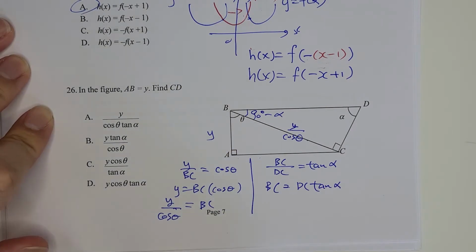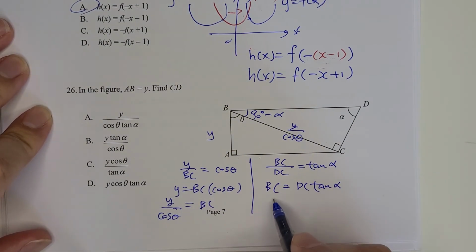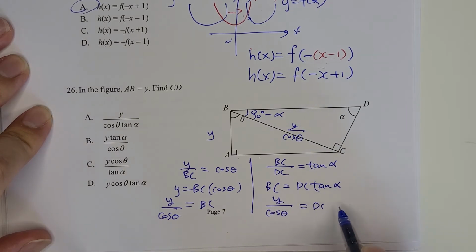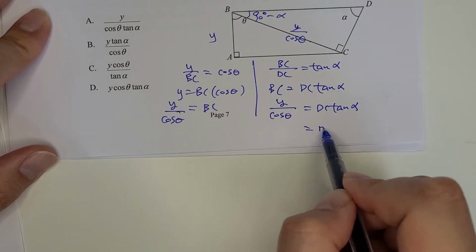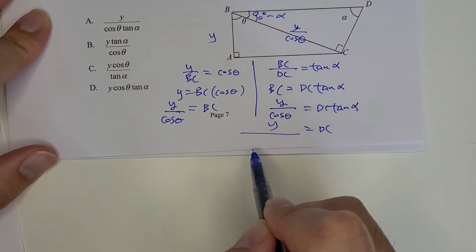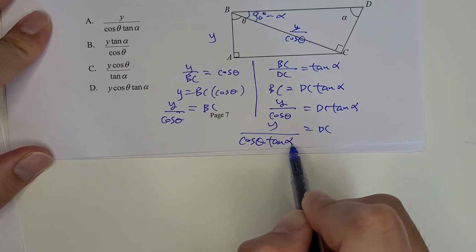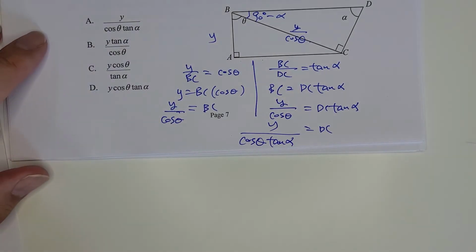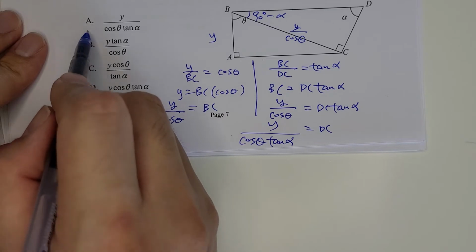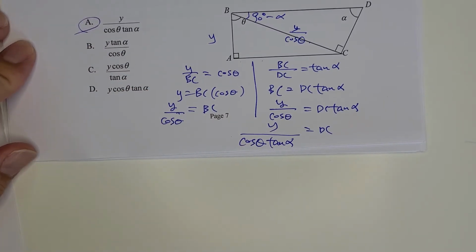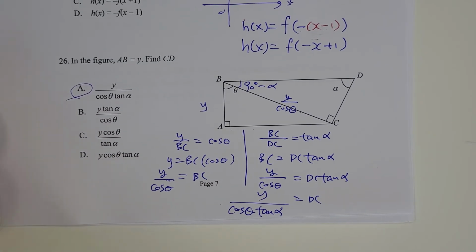And what is BC? BC, that is y over cosine theta. So finally you can find DC, that is y over cosine theta and then tangent alpha, all in the denominator. So 26A. Okay, and that's the end of question number 26.